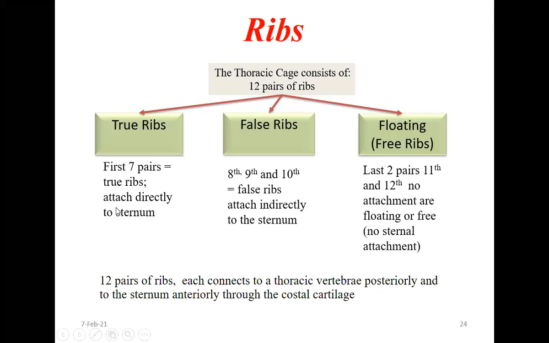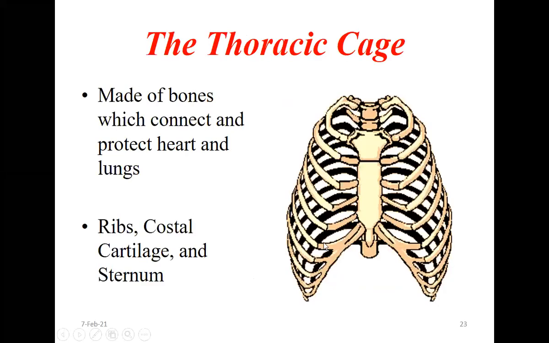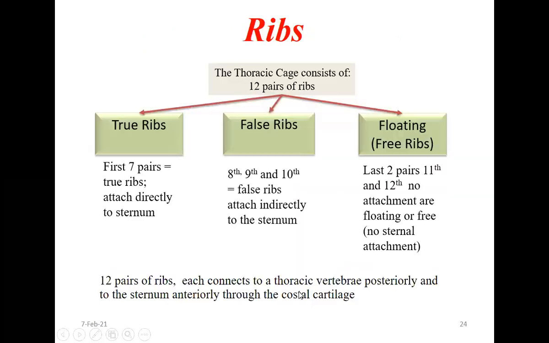Because they are attached directly to the sternum. Directly means through the costal cartilage, they are attached to the sternum. So they are called the true ribs. 1, 2, 3, 4, 5, 6, and 7. They are directly attached to the sternum. The remaining, 8, 9, 10, are called the false ribs.